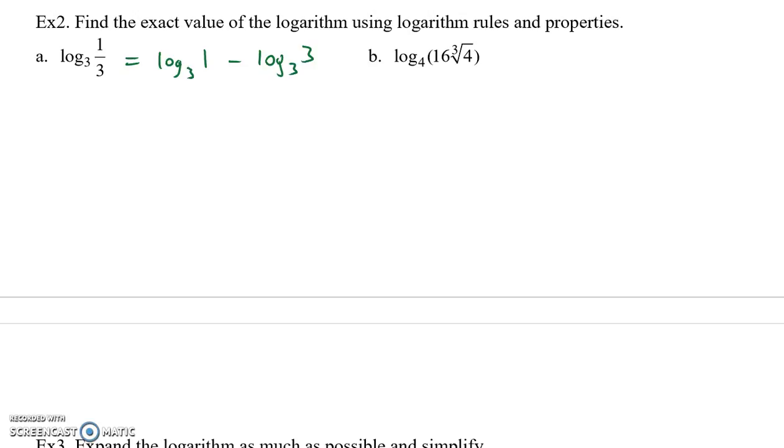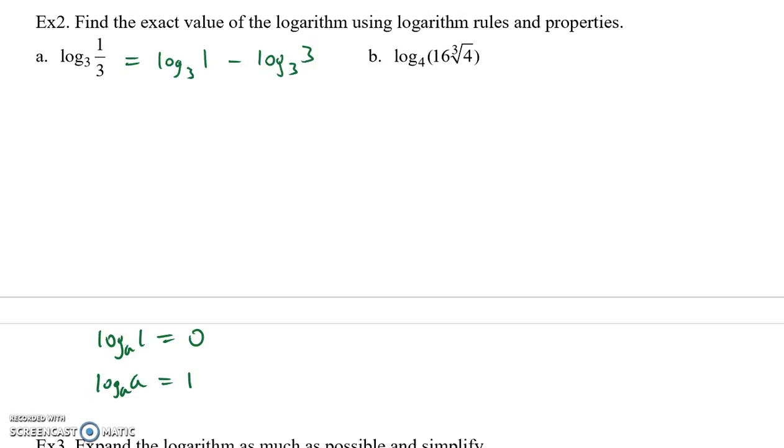Then you have to remember some of the properties that we talked about in the previous section, and I need to write those somewhere, so let me just write them down below here. One of them was that for any base a, the log base a of 1 is equal to 0, and also that the log base a of a is always equal to 1.